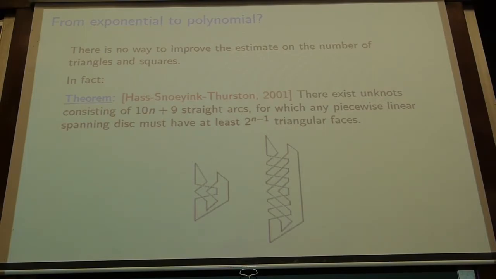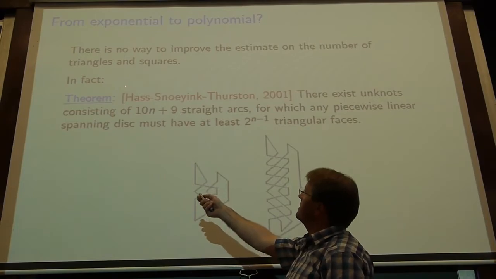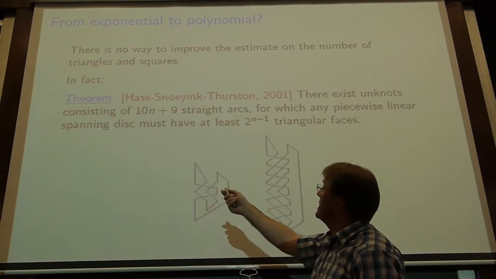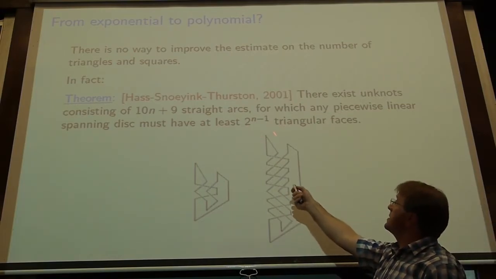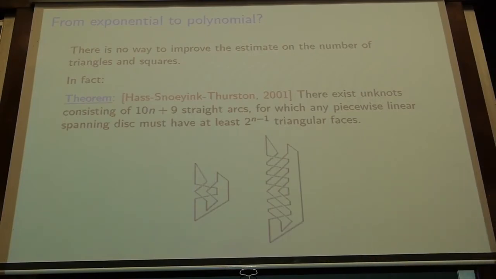This is a result due to Hass, Snoeyink, and Thurston, who found a collection of unknots, each one consisting of linearly many straight arcs, which has the property that any piecewise linear spanning disk for that unknot has to be exponentially complicated. It has to have at least 2 to the n-1 triangular faces.